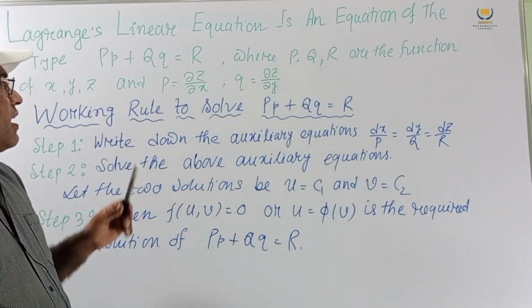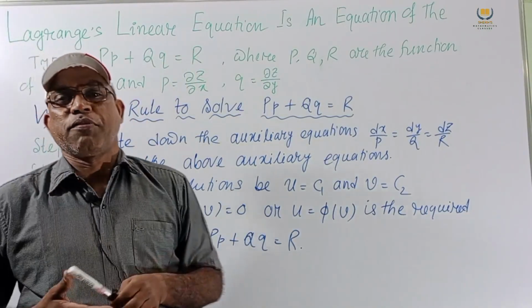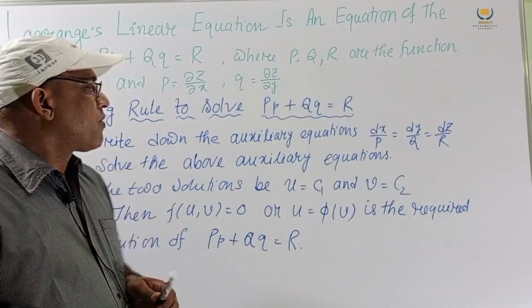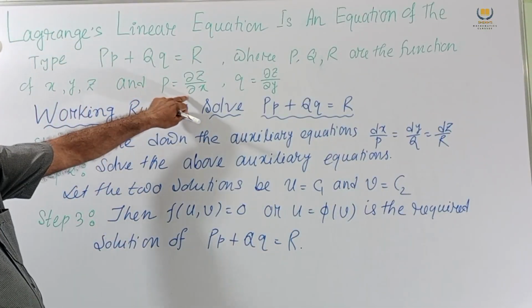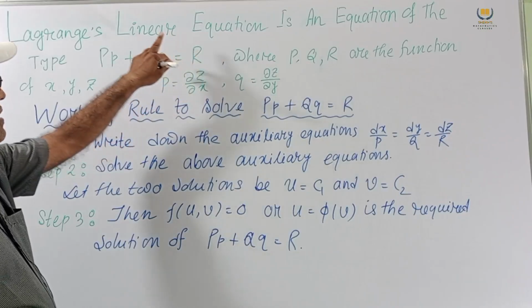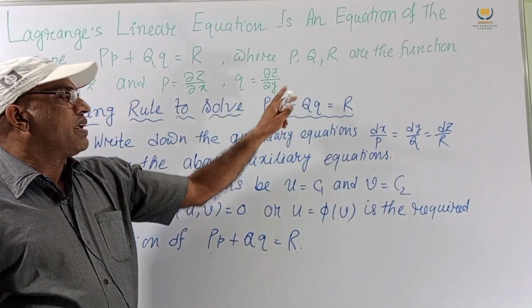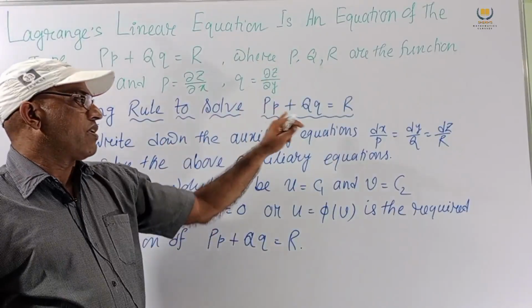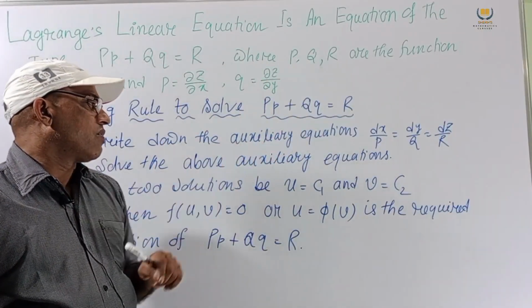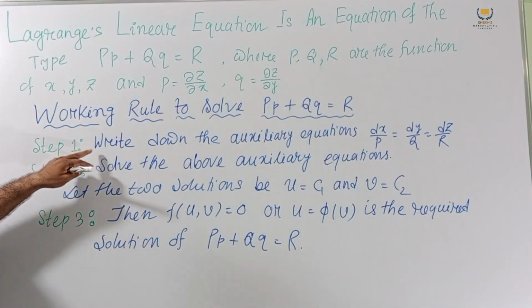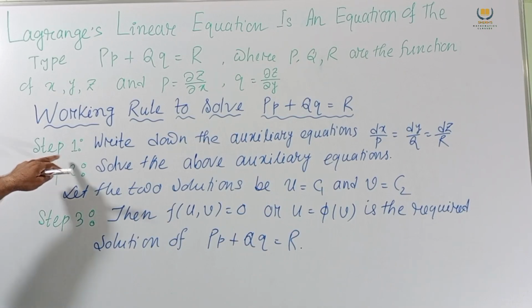Pp + Qq = R, then how to solve this type of problem? Working rule to solve Pp + Qq = R. If we get this type of problem, the working rule is this.